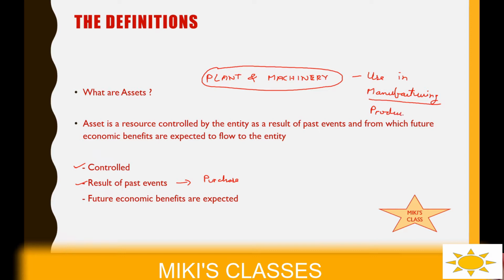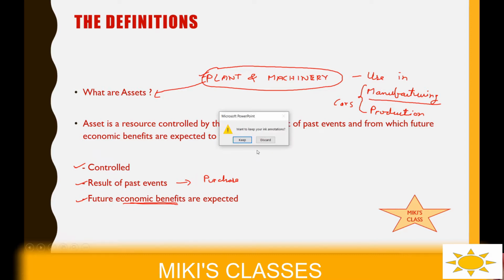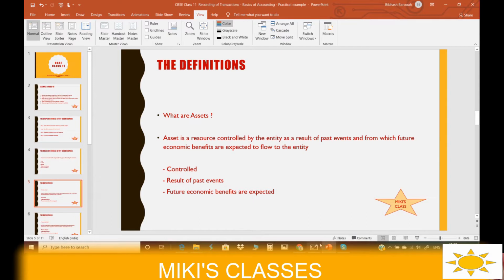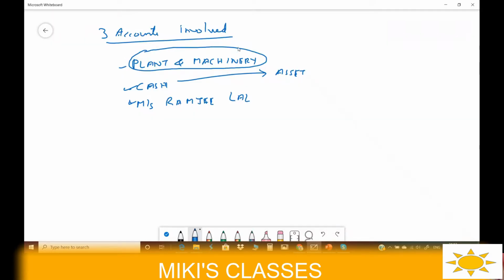So manufacturing or production of cars, will it be an economic benefit? Yes. So the third point is also covered, which means plant and machinery again is an asset. So we are sure about this as of now. What we have confirmed is plant and machinery also is an asset.